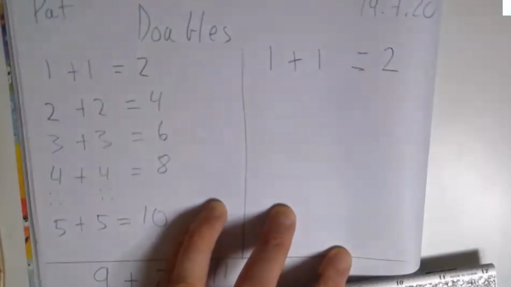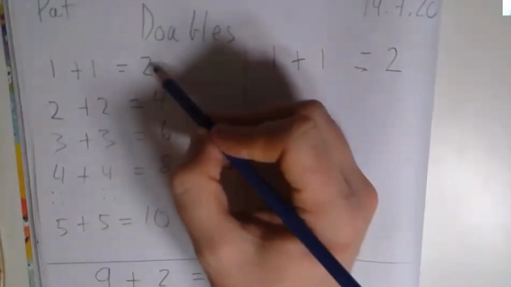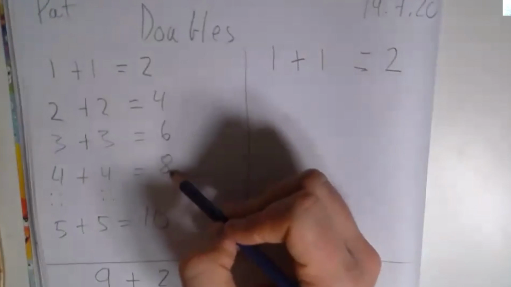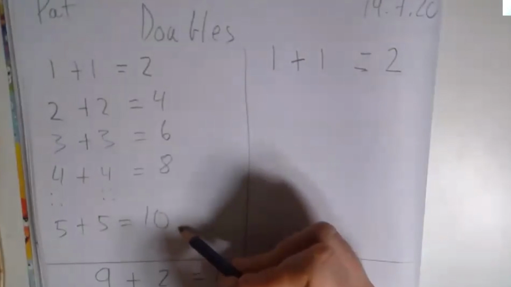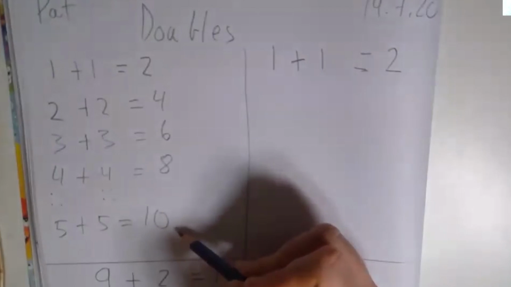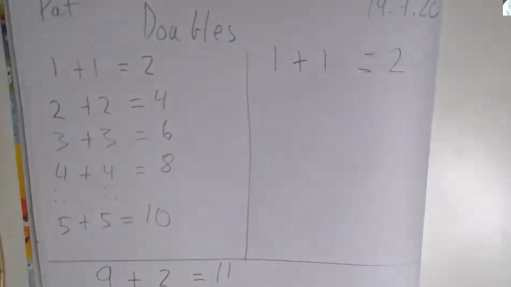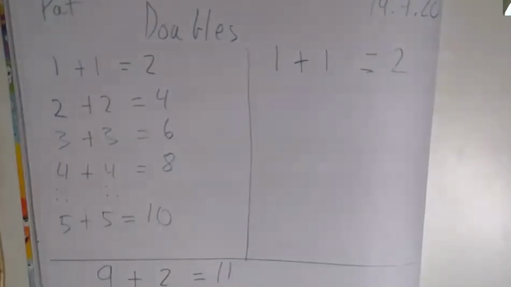Now, notice that when we're doubling, we are always ending on an even number. Now, what that means is I always think that, let's say that you are going to dance with someone and you've got one person and you're dancing with another person, so you have a pair or you have 2. Well, it is an even number if everybody has a partner.